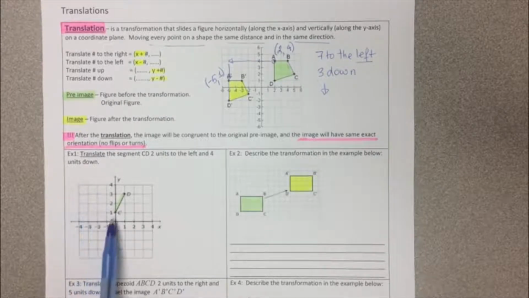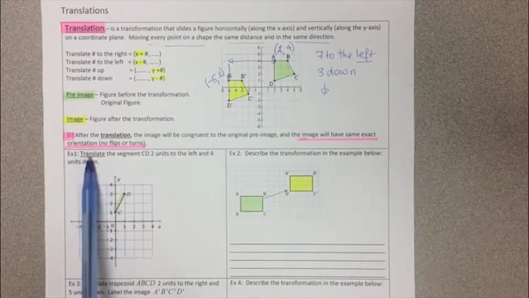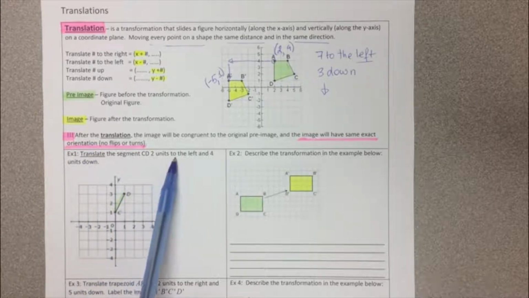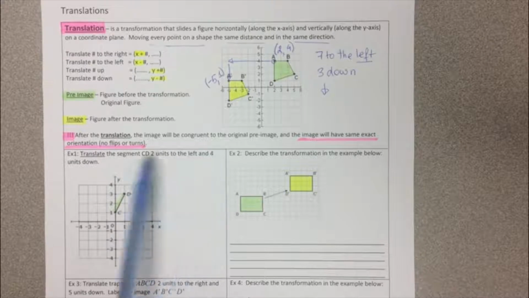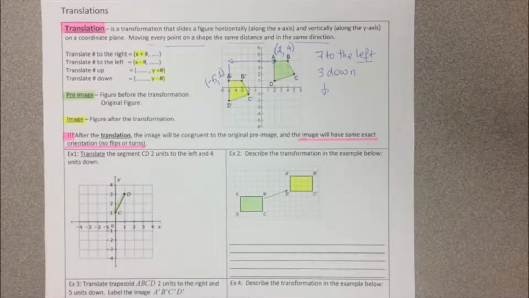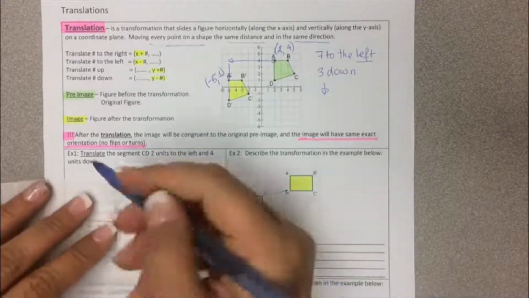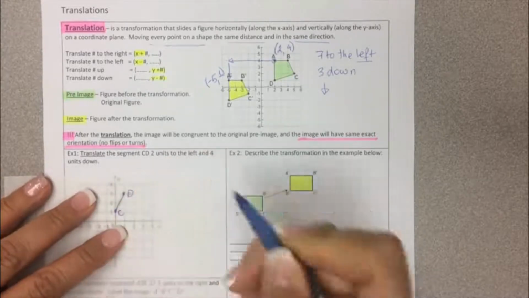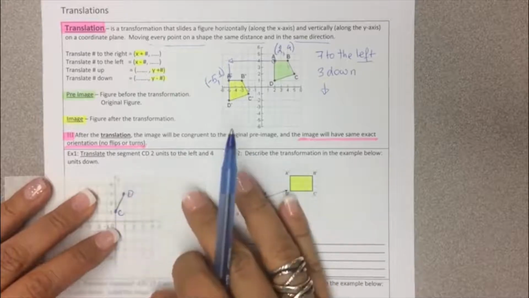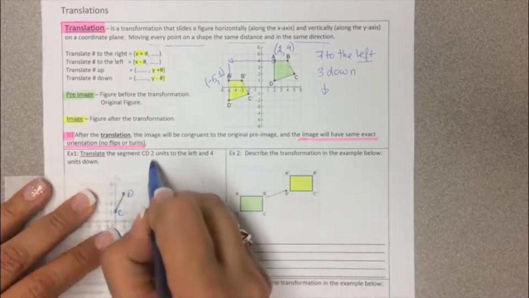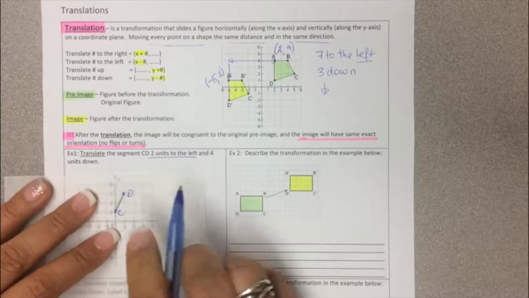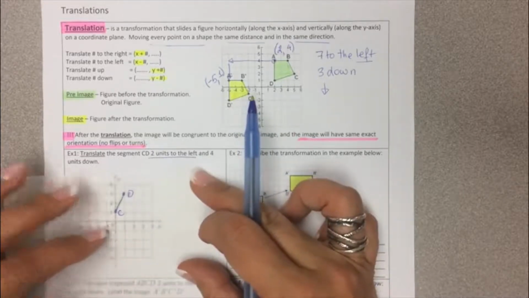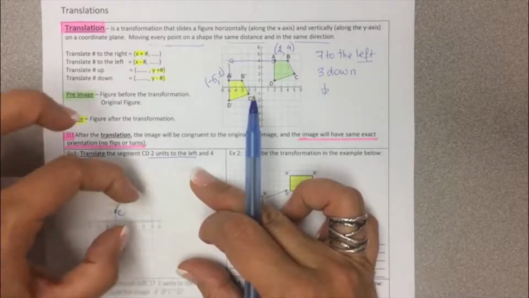In example number 1, I have a segment and I need to translate. Translate means slide the segment CD 2 units to the left and 4 units down. In motion, that could be seen using your transparency. If I look at my segment CD and follow the instructions, I have to move my segment 2 units to the left. So when I go to the left, I have to make sure that I go horizontally.